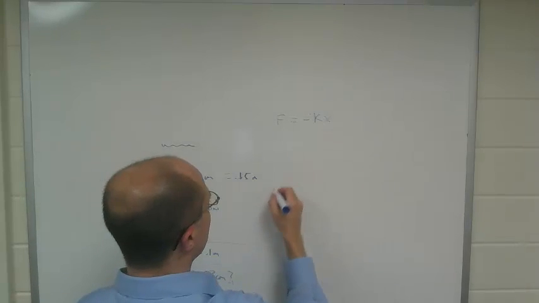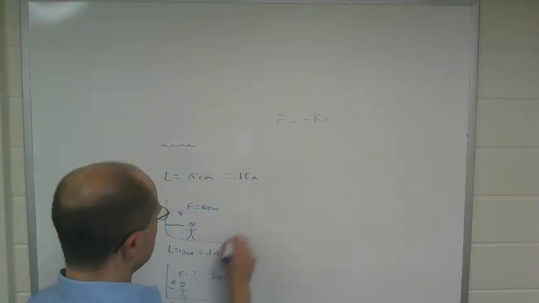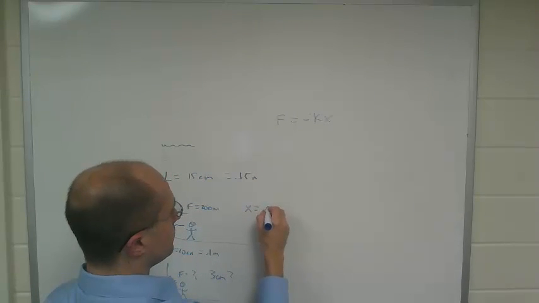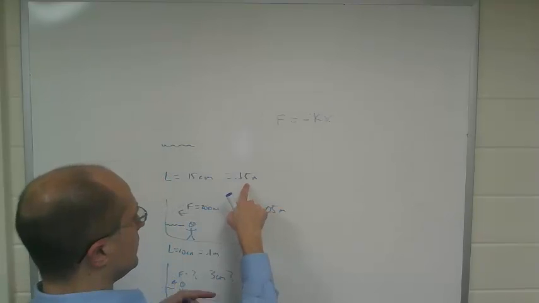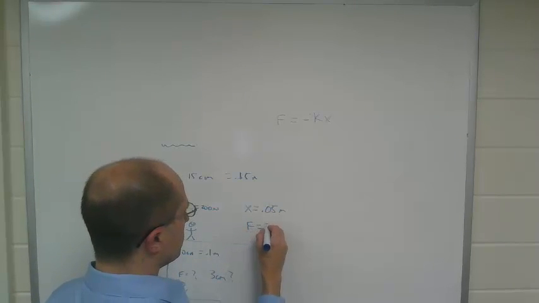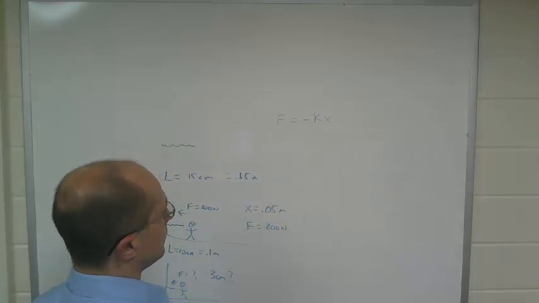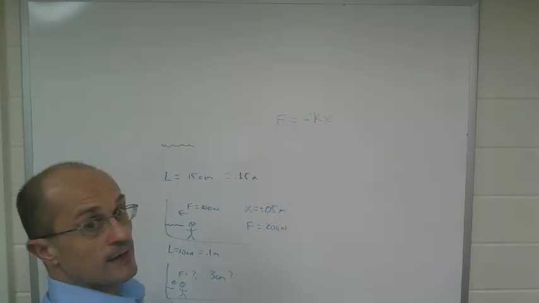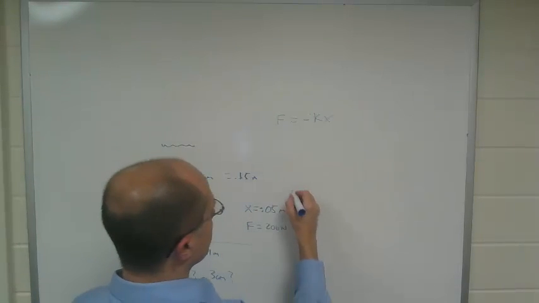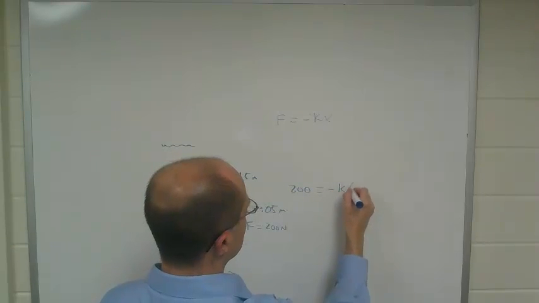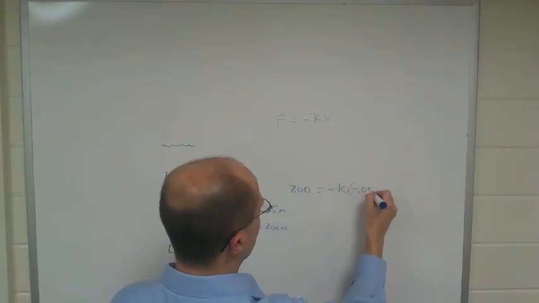So x in this case was 0.05 meters because it changed 5 centimeters. And we used a force of 200 newtons to do that. Now in this case, x is negative 0.05 because we compressed the spring.